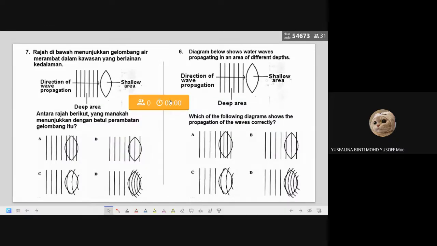All right, for this one, it travels to different depths, but be careful. This one is like a concave lens.